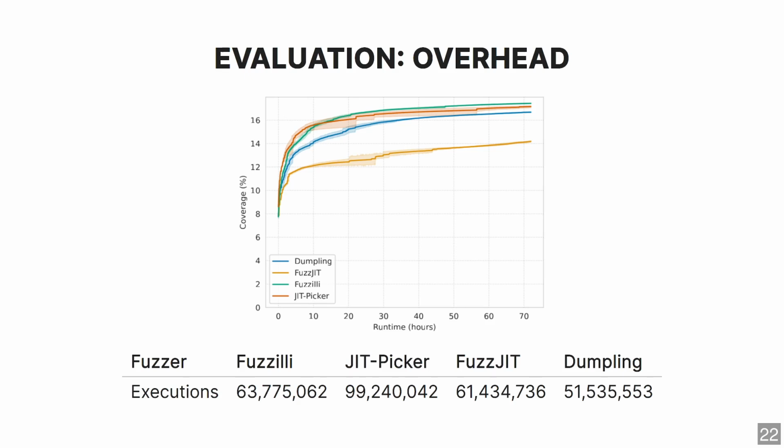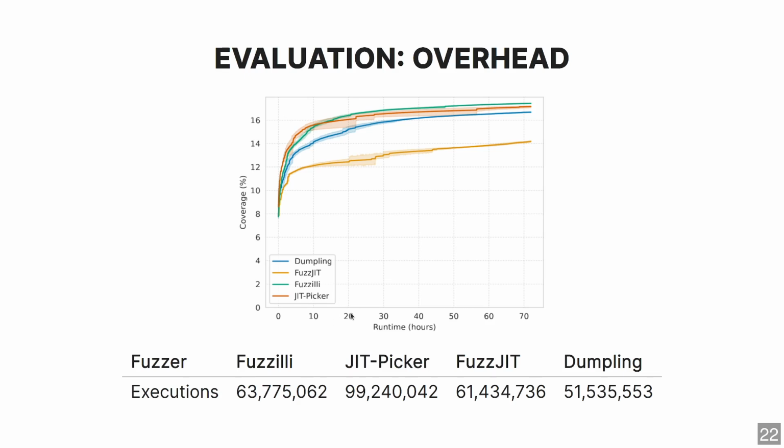In terms of evaluation, we run Dumpling against the state of the art in differential fuzzing, and also against Fuzzilli, the non-differential fuzzer that all the differential fuzzers build upon.